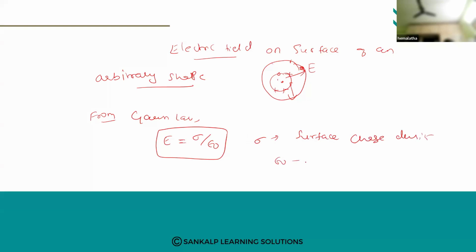Epsilon naught is the permittivity of free space.